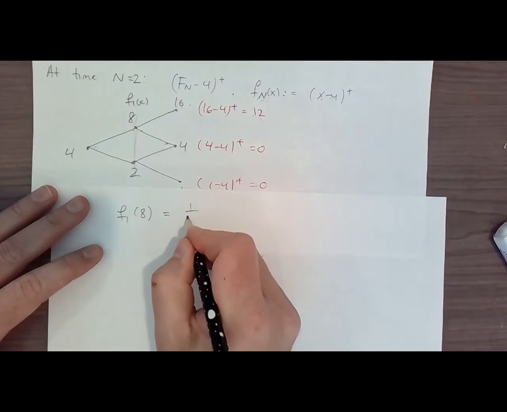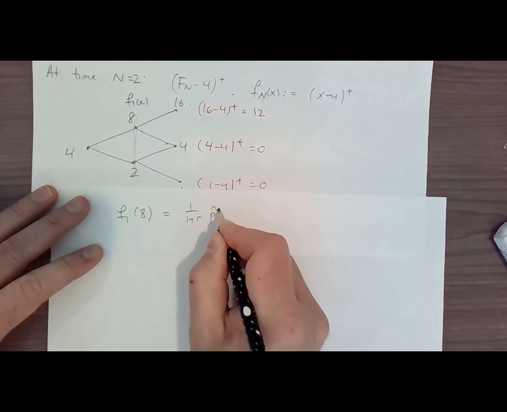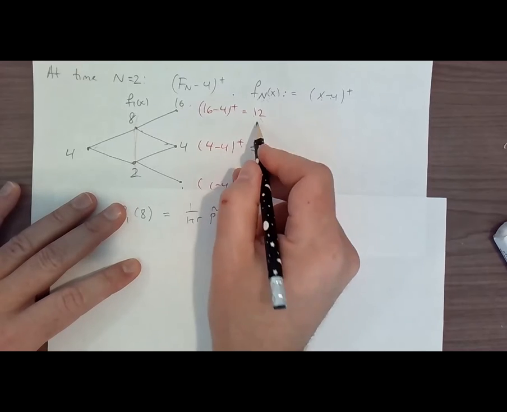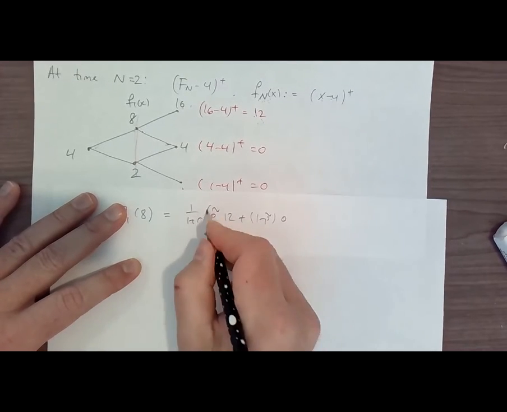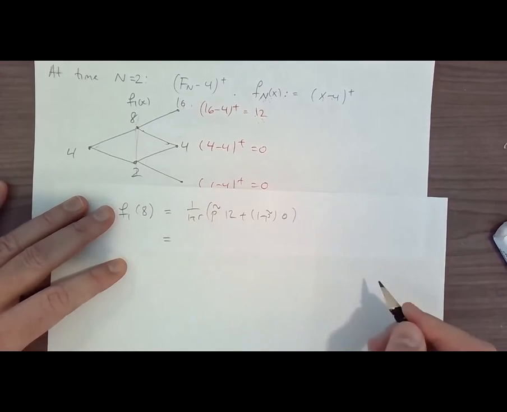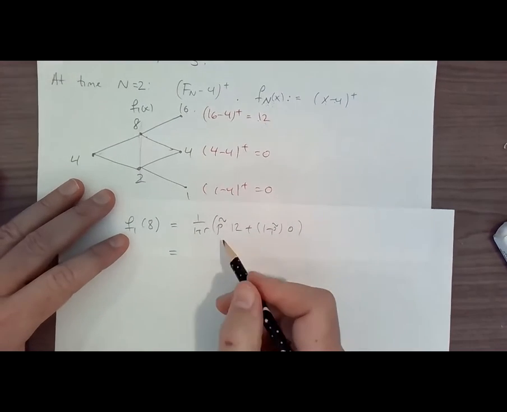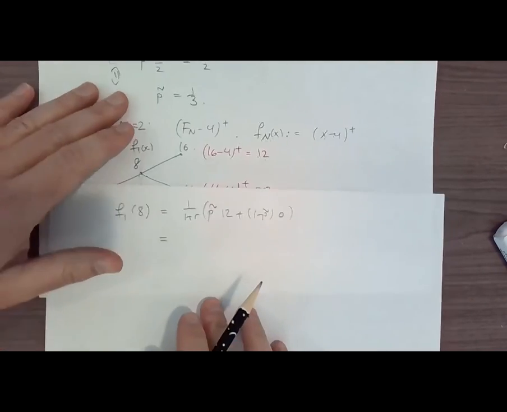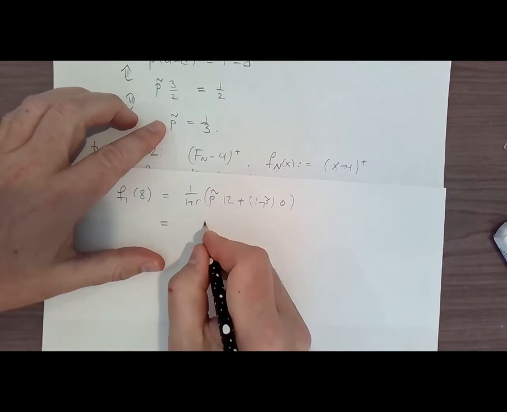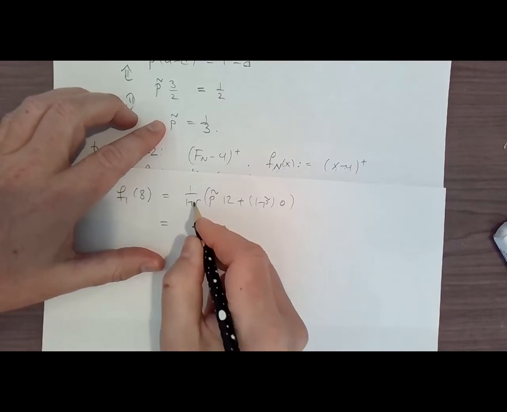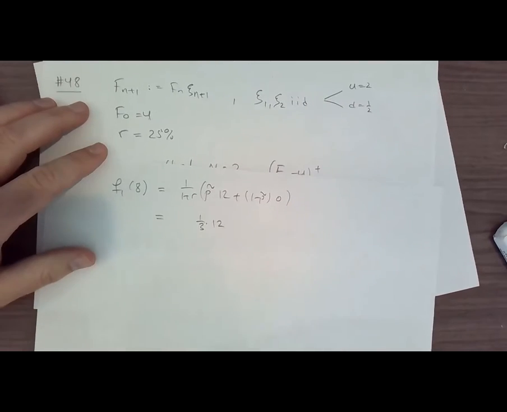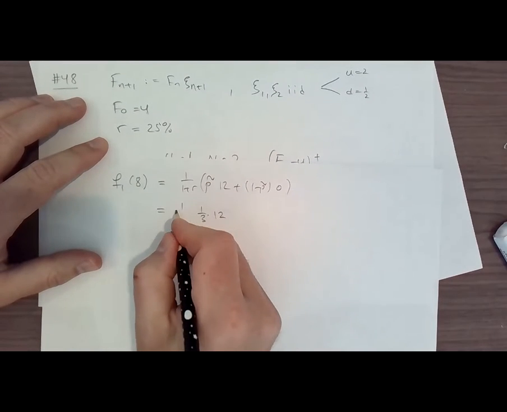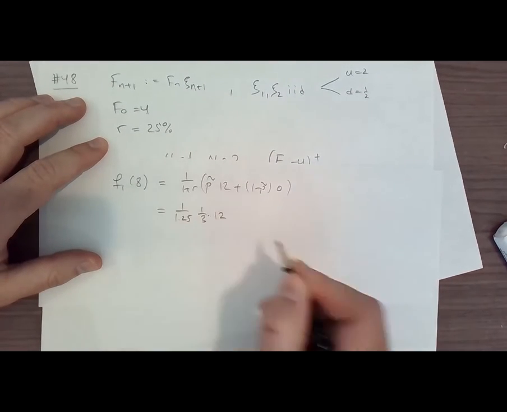It would be 1 divided by 1 plus r, and then you need your p tilde times the up value plus 1 minus p tilde times the down value. We settled on p tilde being a third. So we need a third here times 12, and then 1 plus r. We need to look at the problem. What is 1 plus r here? 1 plus r is 1 divided by 1.25.